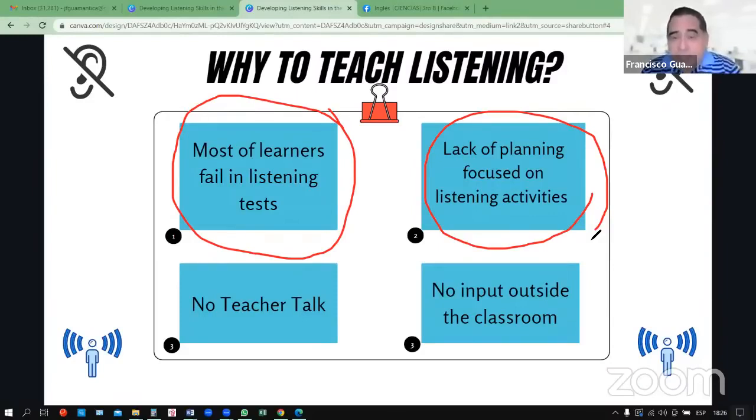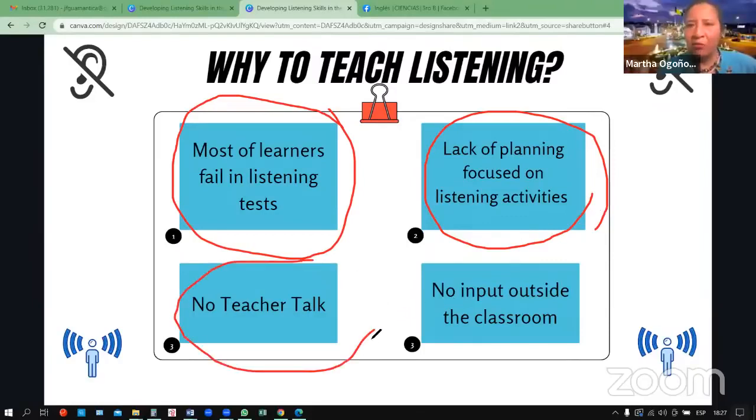But I could see in the past that even when teachers have the technology, they didn't use it. That is something we need to fix, because if you have the tools, you should use them.